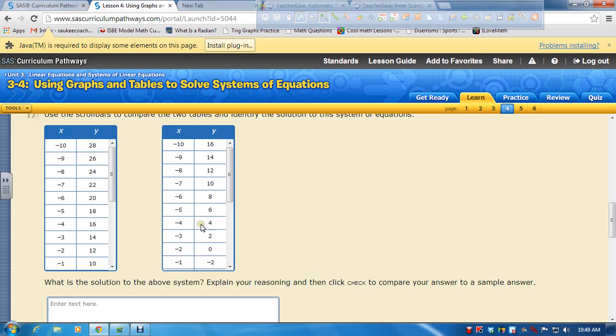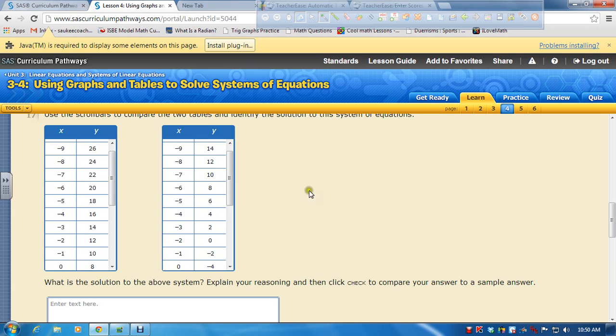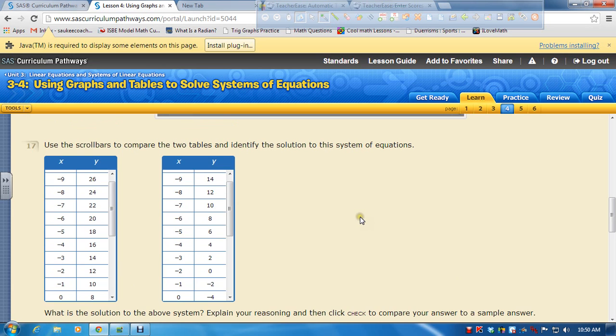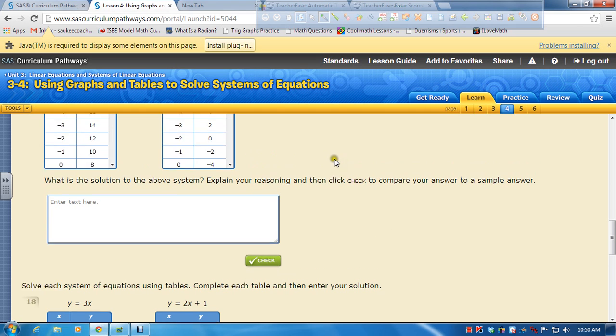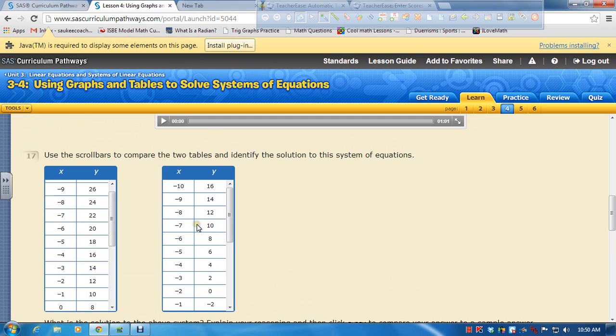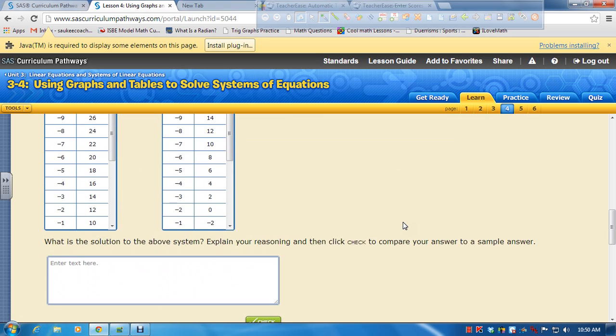If I scroll up here, does anything match here? Doesn't appear that anything matches here either, not even with the 0. So it looks like that one would have no solution there, that we can see. Now, we could keep going one direction or another and see if those in fact converge.